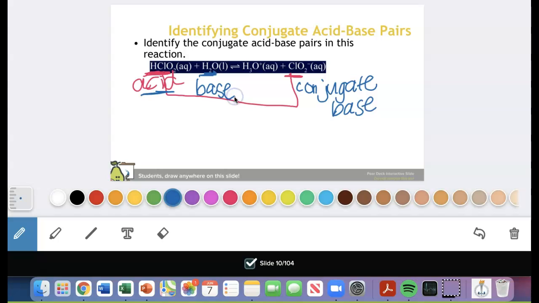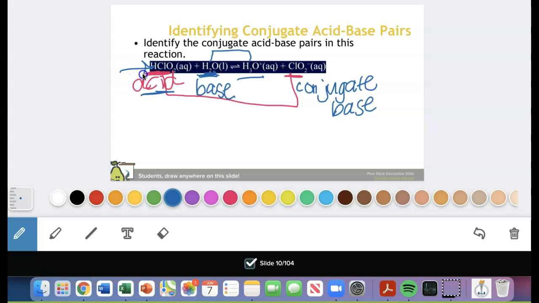That's weird. Yes, water can act both like an acid or a base, depending on what you need. And then again, how do I know it's a base? Well, if you look at water and what happened to it between here and here, it accepted a hydrogen ion. From who? From the HClO3, or HClO2, excuse me.